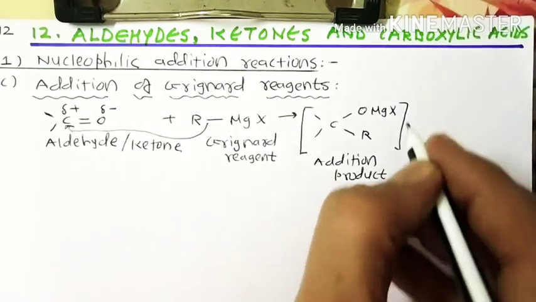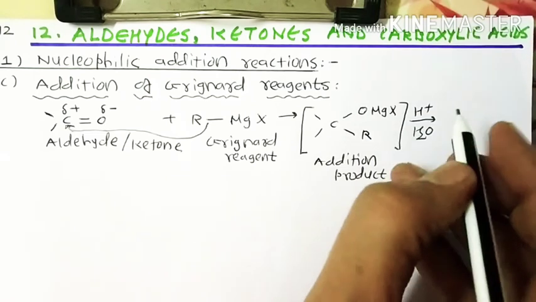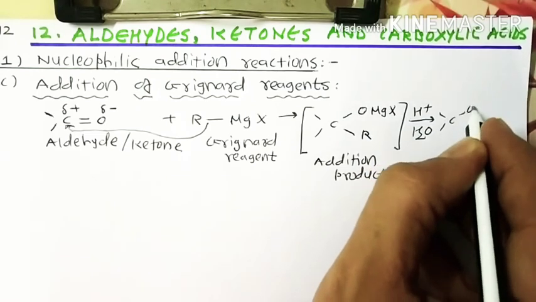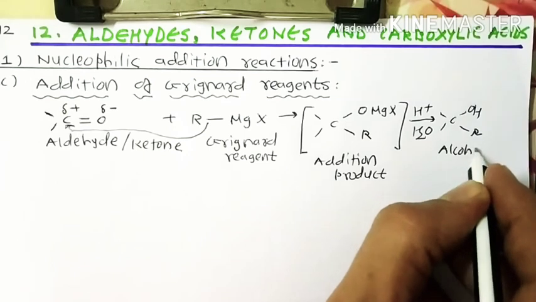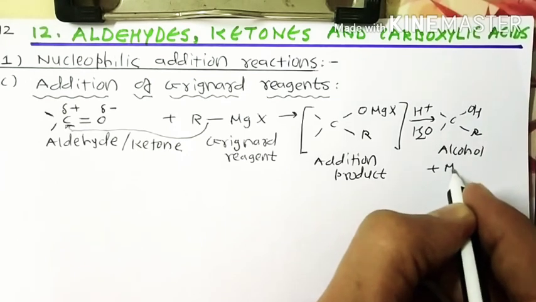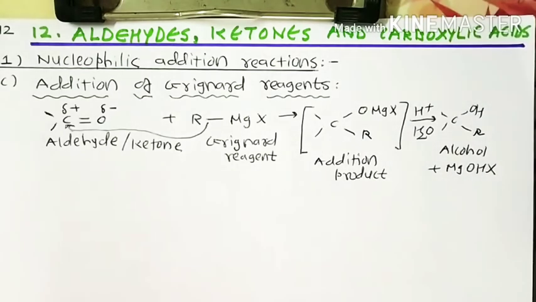Now this addition product is further hydrolyzed, so it is converted into an alcohol, and MgOHX is released. So this is all about the addition of Grignard reagents with the common equations.